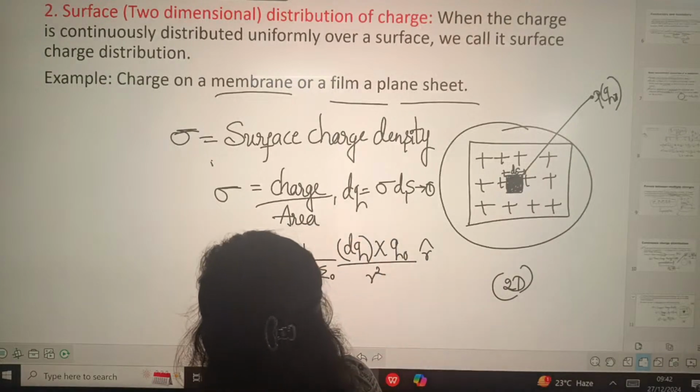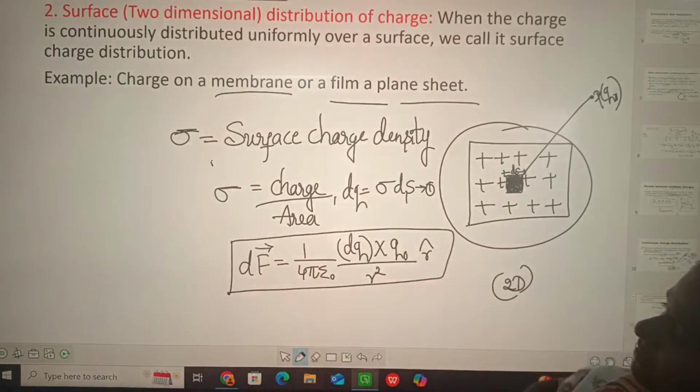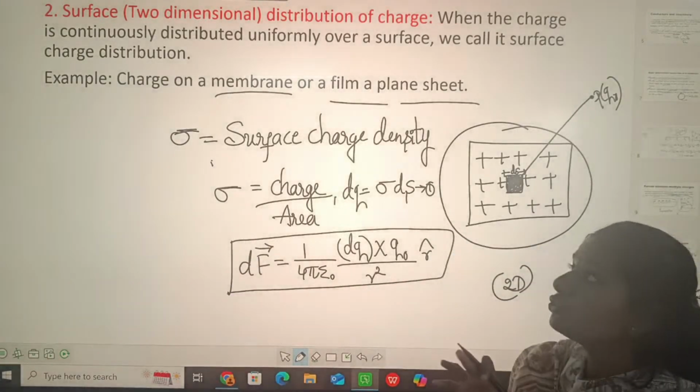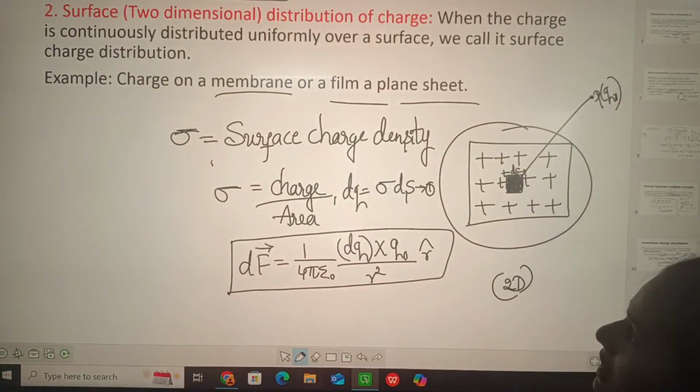This is the force of the charge distribution in the 2-dimensional surface area.